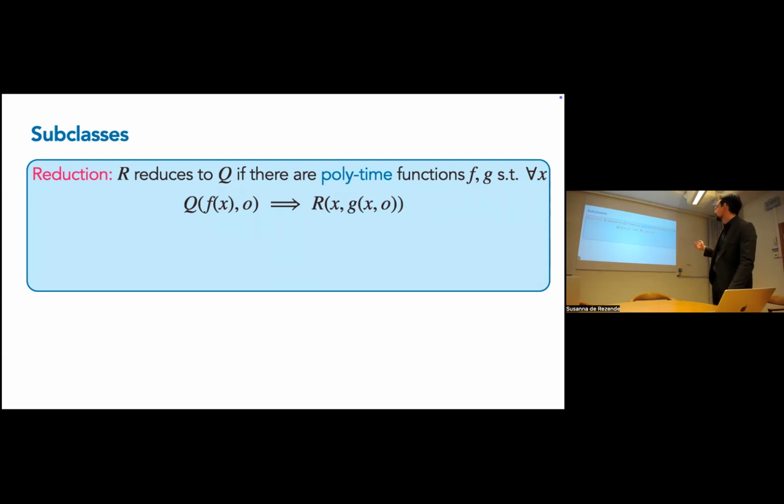So a reduction between total search problems, R reduces to Q, if there are polytime computable functions F and G such that the following condition holds. I can show you what this means in a picture, which is much easier than reading the thing. These should be named: the first one should be R, the second one should be Q. So just map those on visually.